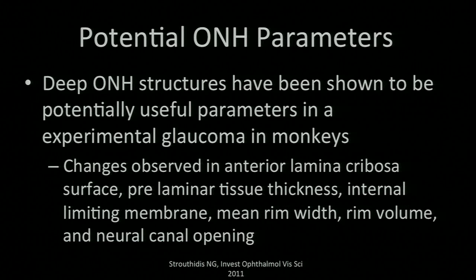The deep optic nerve head structures have also been looked at, most specifically the lamina cribrosa, but also the prelaminar tissue thickness, the ILM, the mean rim width, rim volume, and neural canal opening.